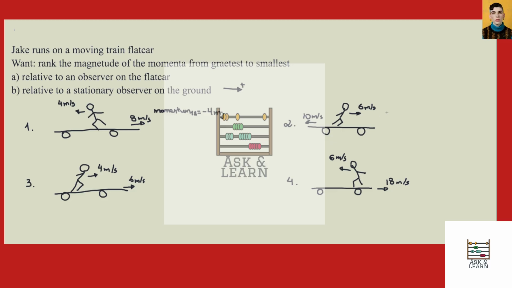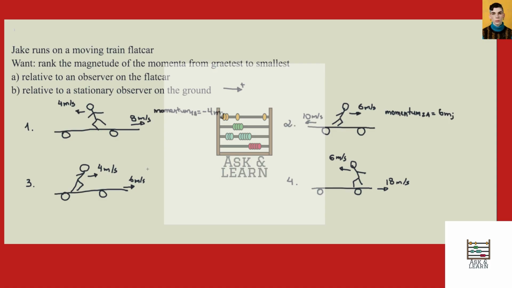So mj is the mass of Jake, and velocity is minus 4. For situation 2, we're going to do momentum 2A, and we see that Jake is moving towards the right, which is the positive side. So he has a 6 meters per second velocity. Therefore, the momentum is going to be 6 mj, so 6, which is the velocity, times the mass of Jake.